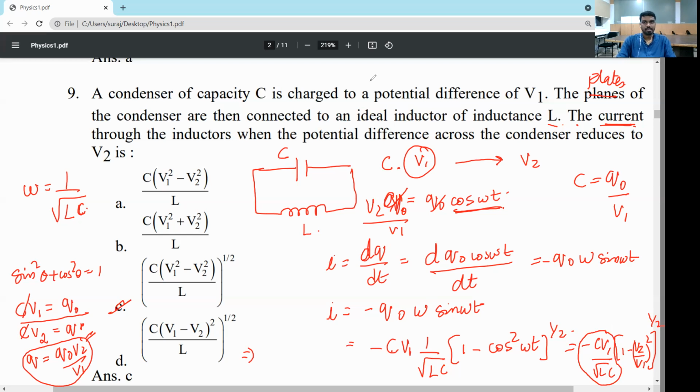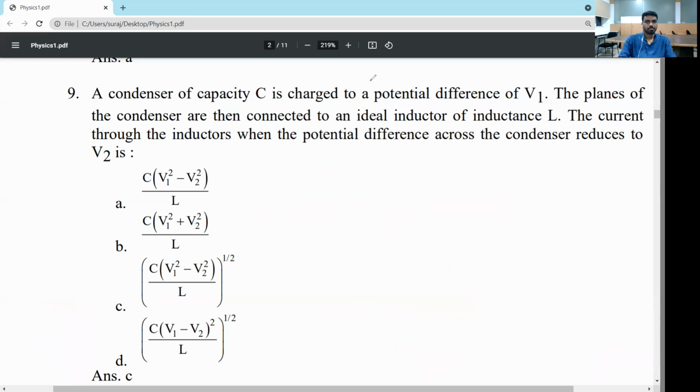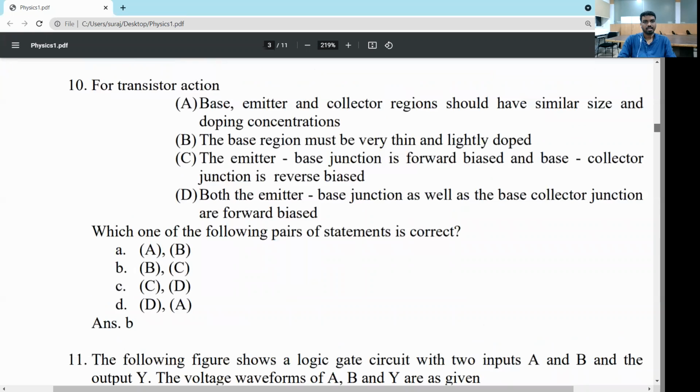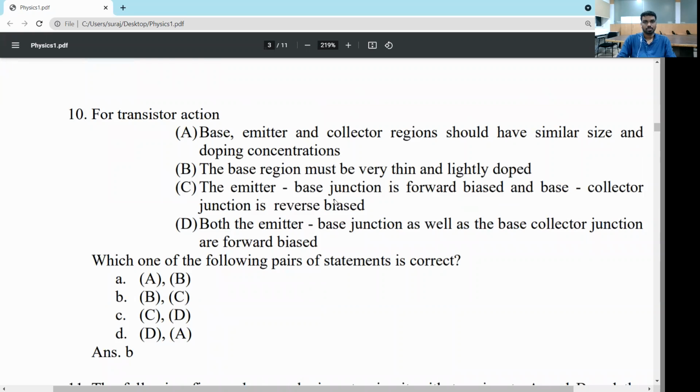Next, coming to question number 10. For transistor action, a theoretical question, easy one. For transistor action, base, emitter and collector regions should have similar size and doping concentration. No, similar size should not be there.